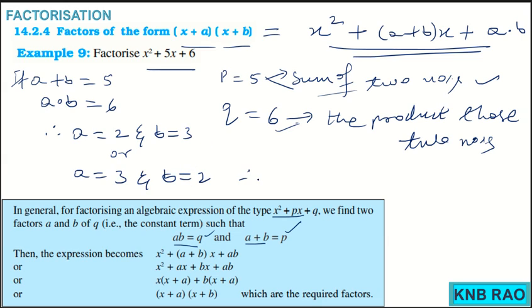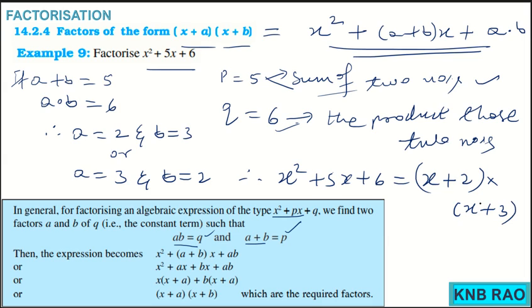Thus x square plus 5x plus 6 can be factorized as x plus 2 into x plus 3. Now you can cross check by multiplying x plus 2 into x plus 3, you will get x square plus 5x plus 6 only. It is the factorization.